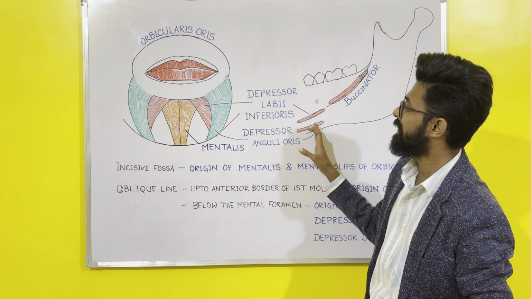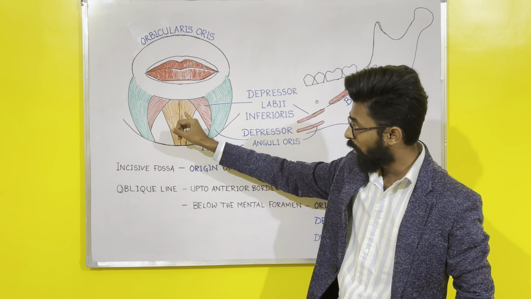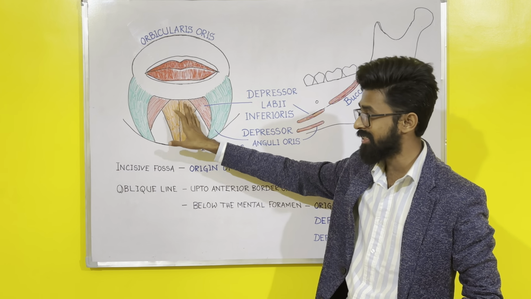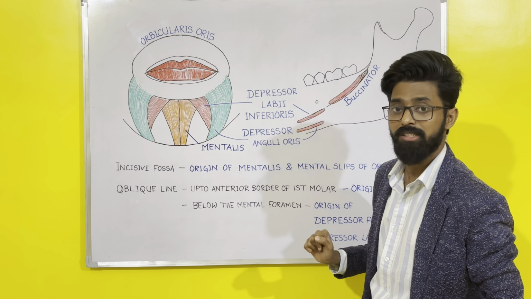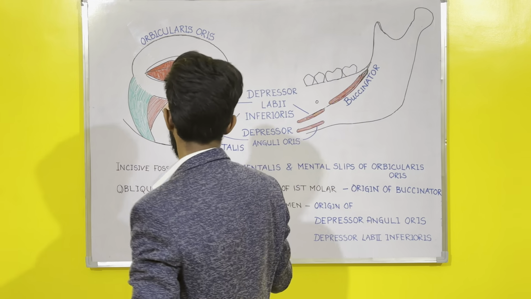You can see it here also. And this orange one, the last one, positioned most inside, is the mentalis. So this finishes all the muscles.